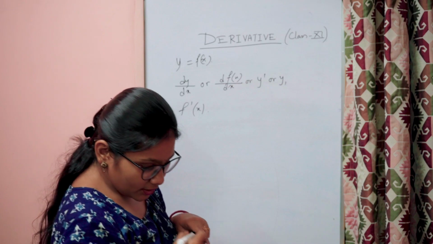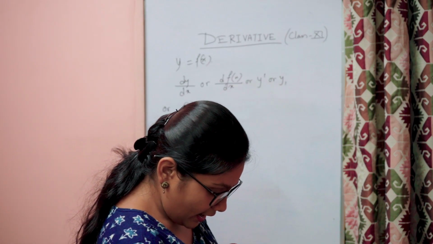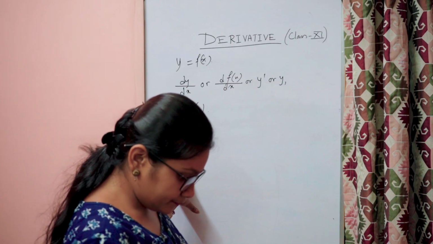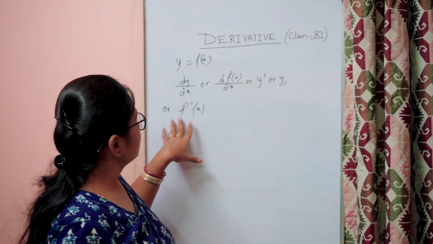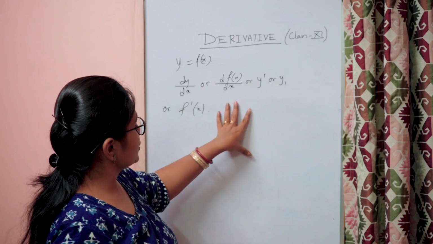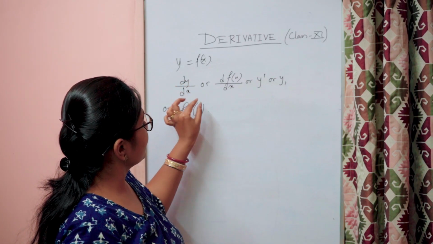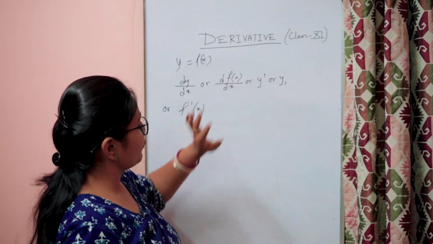These are all notations of the derivative of a function. Okay. If this dy/dx is there, that means this is the derivative of the function y.